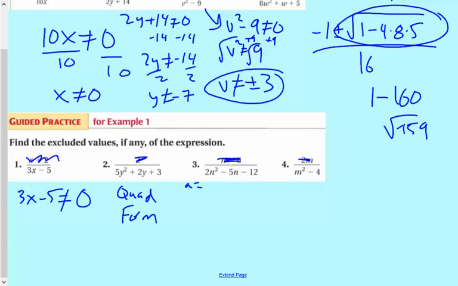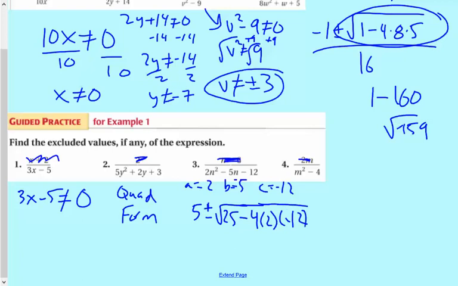a equals 2, b equals negative 5, c equals negative 12. Let's see, negative b. Sorry about that, that's a negative 5 there. Negative b plus or minus the square root of b squared minus 4 times 2 times negative 12, all divided by 2a, that'd be 4.